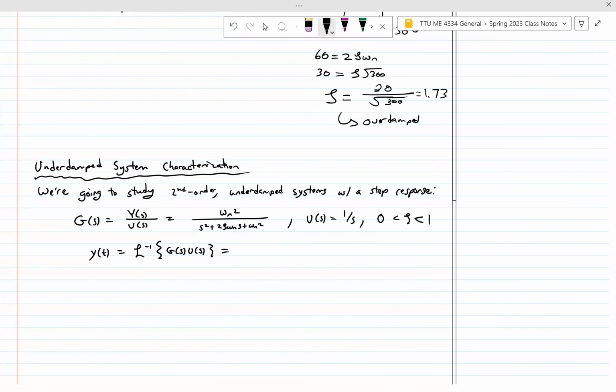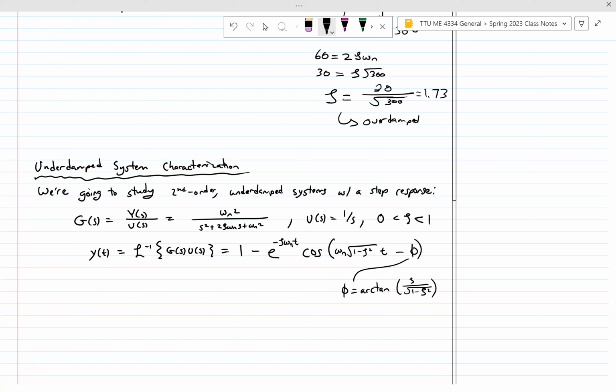But if we went through and did an inverse Laplace transform for this to get y as a function of time, we would end up with 1 minus an exponential with negative zeta omega n t up here, times cosine of omega n square root of 1 minus zeta squared, all of that times t, minus a phase angle phi, where that is going to be, this is a complicated part, arctangent of zeta over the square root of 1 minus zeta squared.